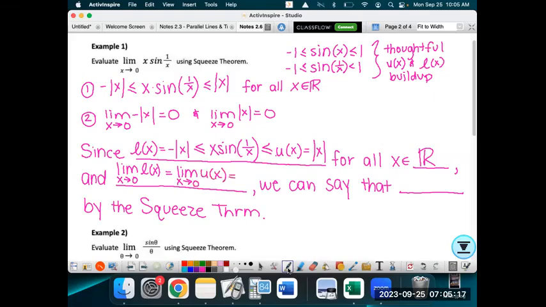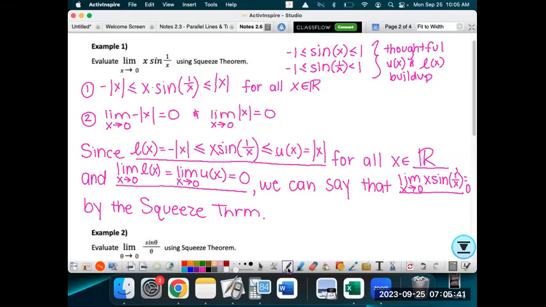And both of those limits equal 0. We can say that the limit as x approaches 0, and since I didn't label it f of x, I actually have to say the function in the first place, equals 0 by the squeeze theorem.